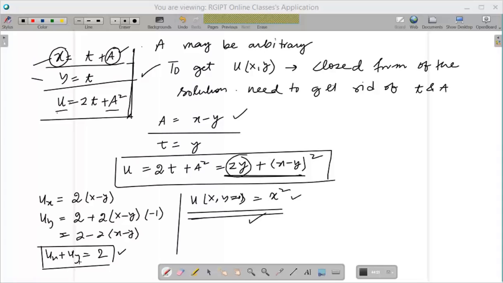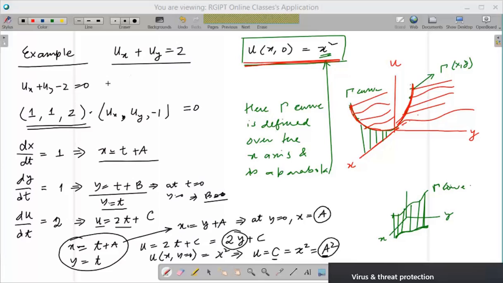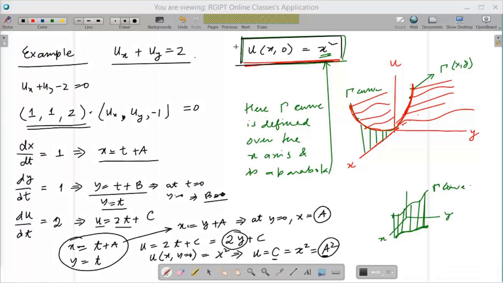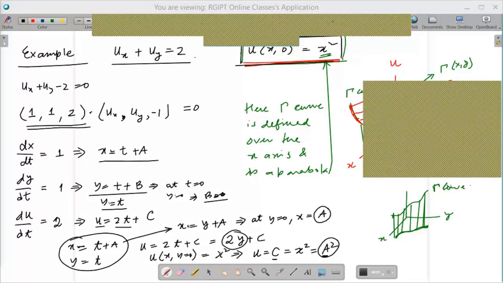So these two conditions which were imposed, one is the differential equation itself, the other is this boundary condition, are perfectly satisfied. And so you see that this is a very simple method of arriving at the solution, which has a geometrical basis.